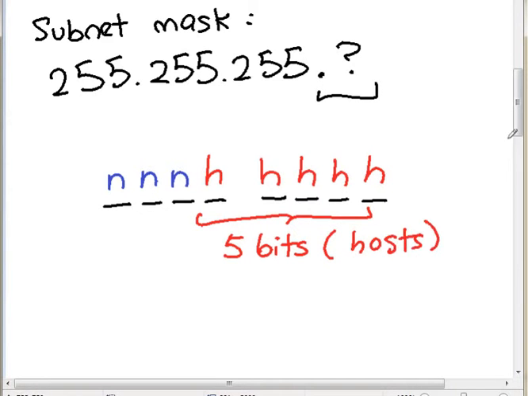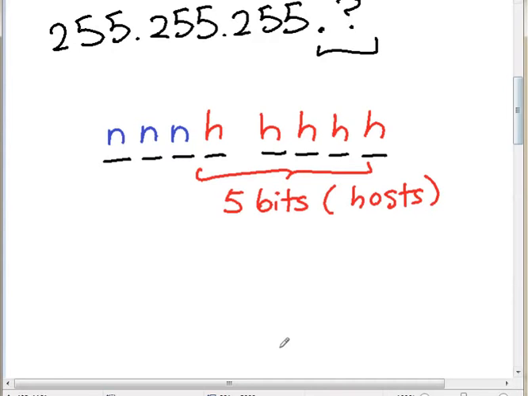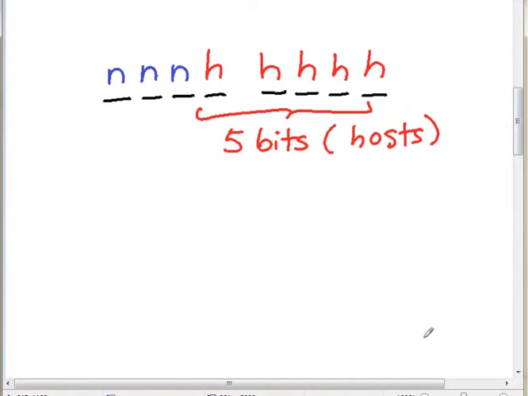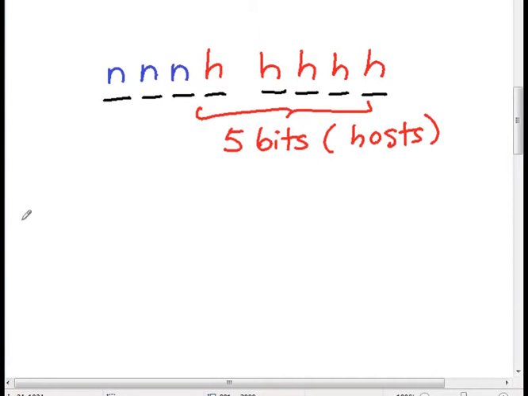Okay, so how do we know how many hosts we can support for this network? To find out the number of usable host addresses for this network, we need to use the formula 2 to the power of h minus 2. In this case h is equal to 5 bits for hosts.